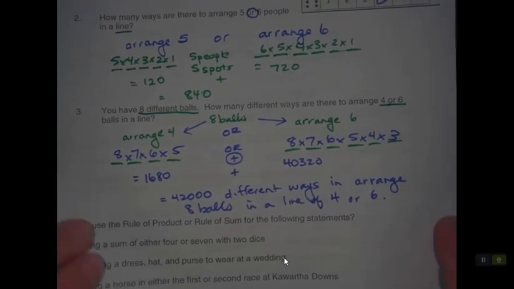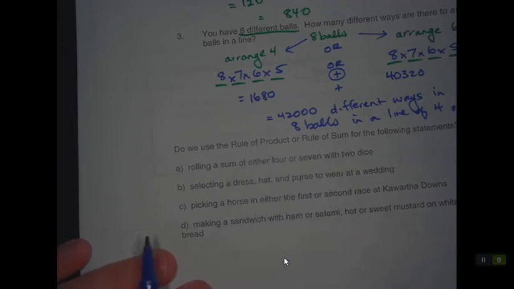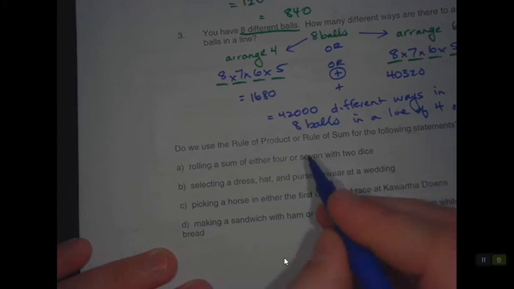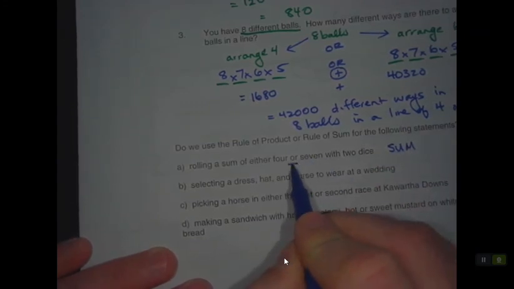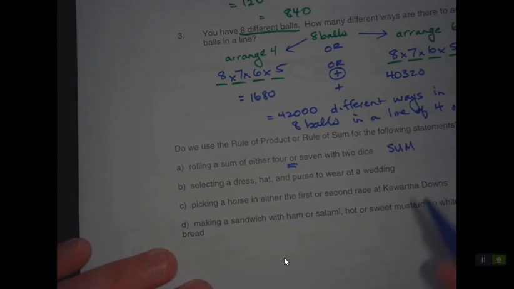So a couple other things to think about. Do you use the rule of product or the rule of sum for this? Well, here I'm rolling a sum of 4 or 7. Hopefully that is sum. The reason? The word OR. Selecting a dress, hat, and purse to wear at a wedding. Well, I'm hoping that's product.